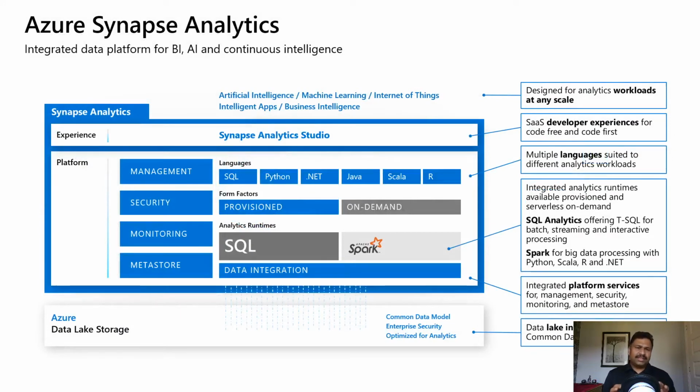Let's take a detailed look at what Azure Synapse Analytics would look like. Let's take a bottom-up approach and start with Azure Data Lake storage at the bottom. Azure Data Lake storage helps you load petabytes of data onto the Azure Cloud Platform.